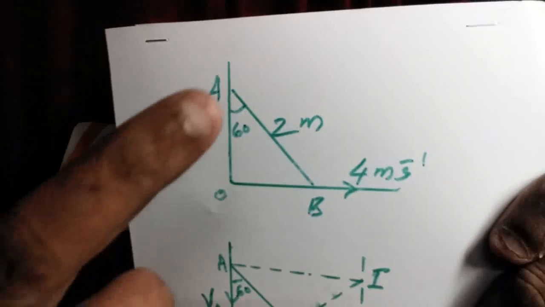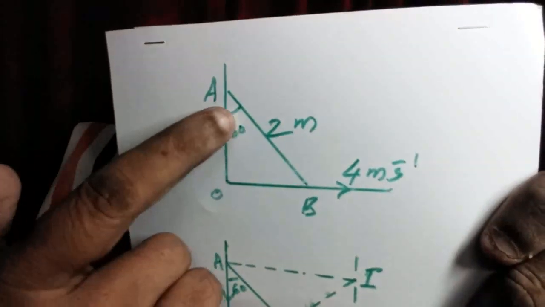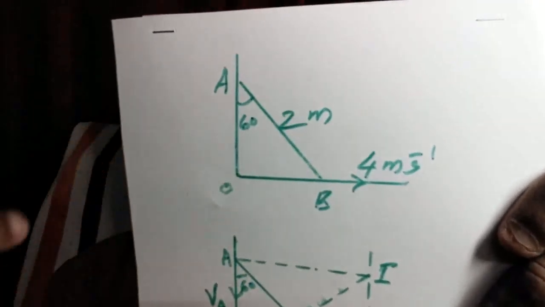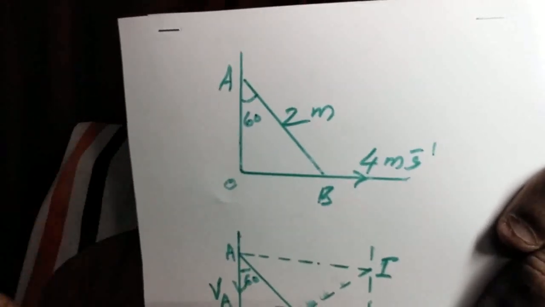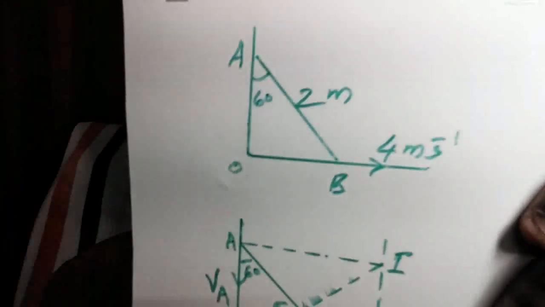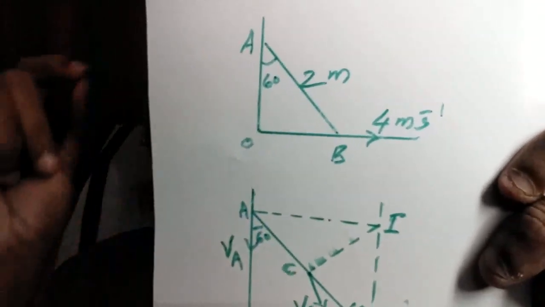At the moment the rod makes angle 60 degrees with the vertical surface. Length of the rod is given to be 2 meters. Here the question is, what is the velocity of A at this particular instant and velocity of the midpoint of the rod at this particular instant?